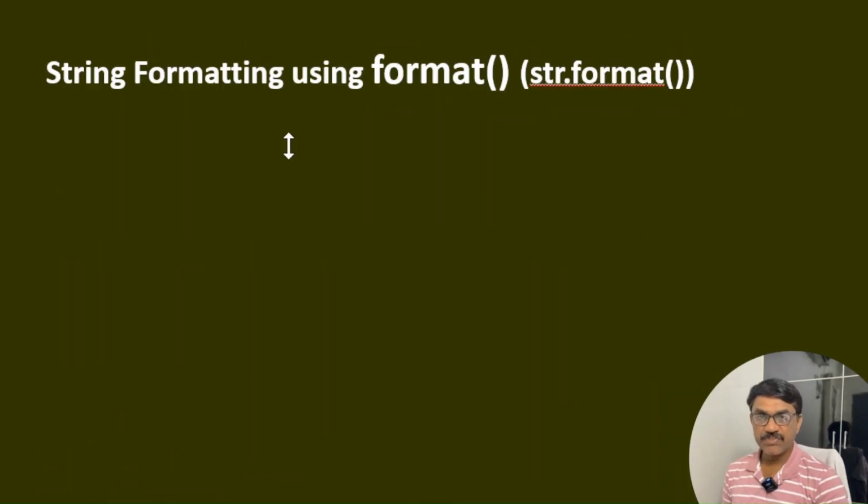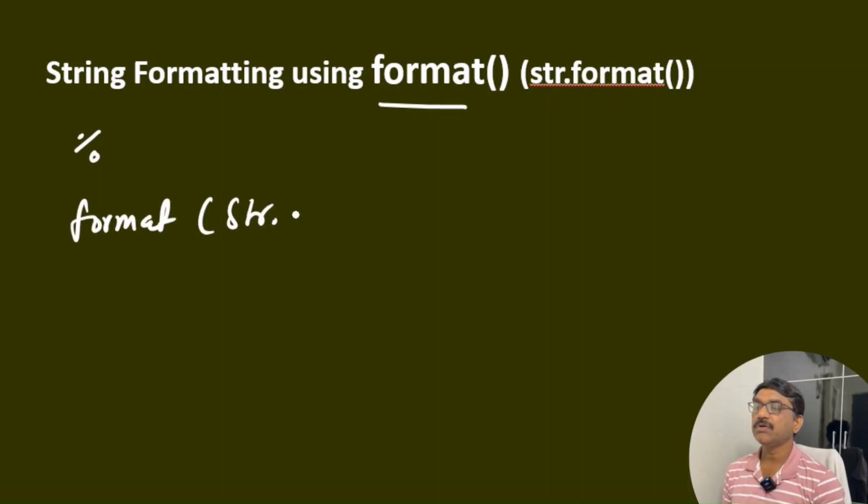The next method for string formatting is using format, or we can say string.format. How to use this? See here, the difference between the previous modulo operator percentage and here format, or we call it string.format. It is the function string.format. So what is the main difference between this and this?